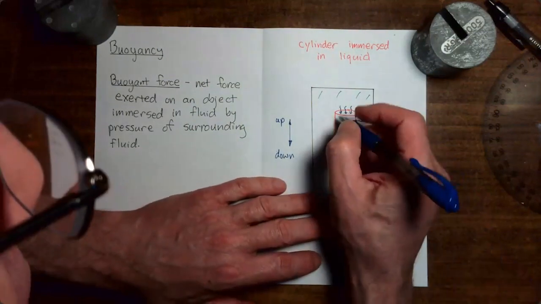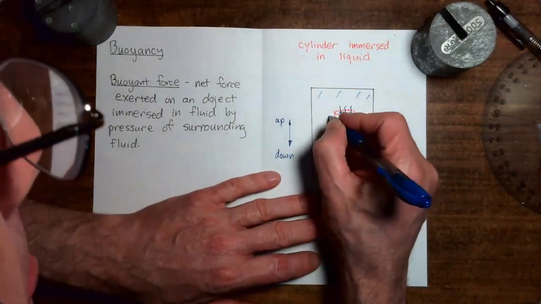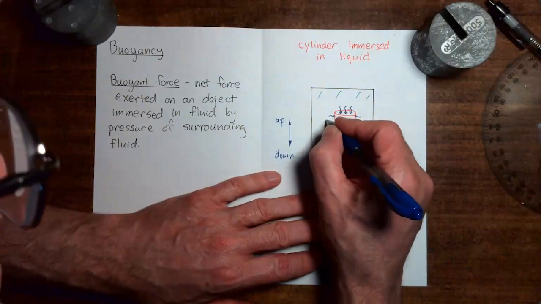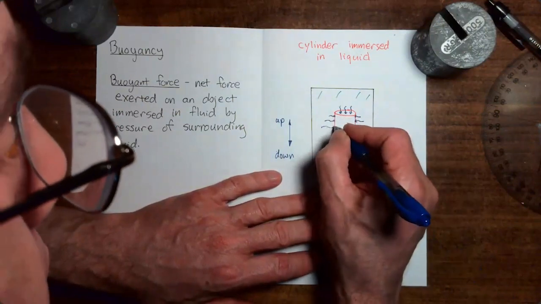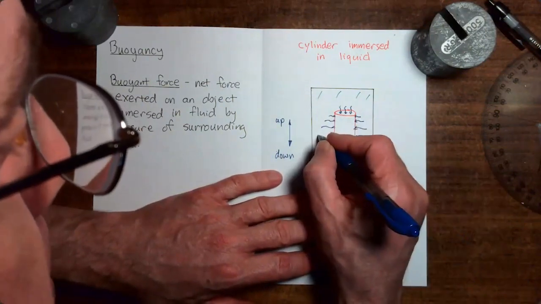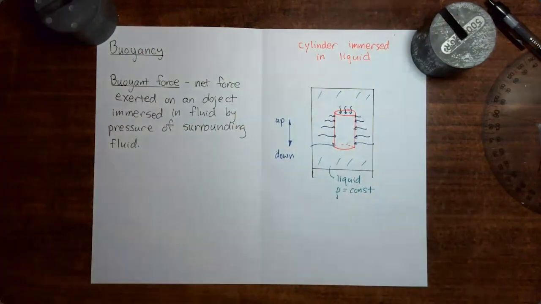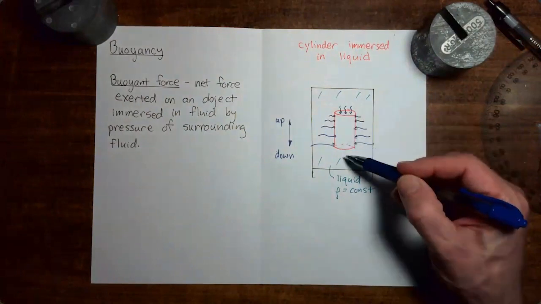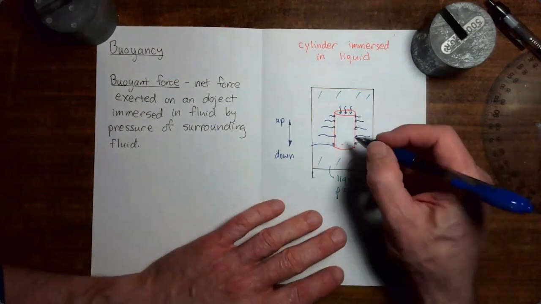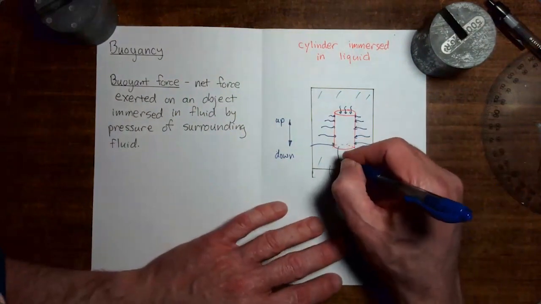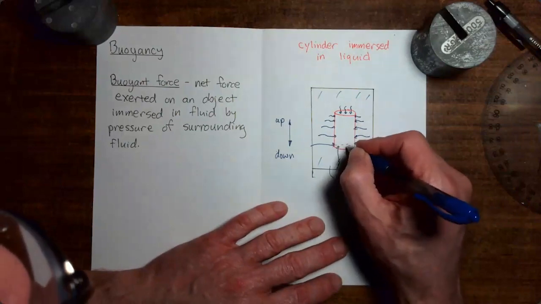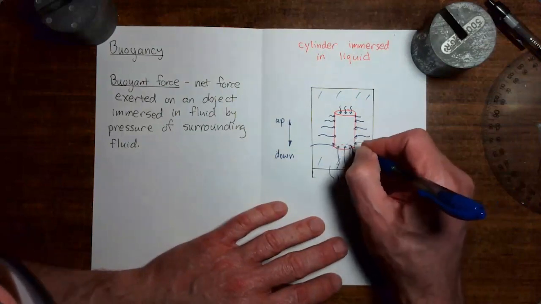Now let's go down the other side of the cylinder. And again, the action of pressure on this other side of the cylinder will be perpendicular to the face of the cylinder. And also the strength of that pressure increases the deeper I go. And then the strongest pressure in the figure is going to be pushing upward on the bottom of the cylinder.